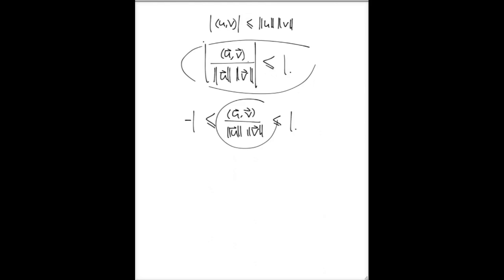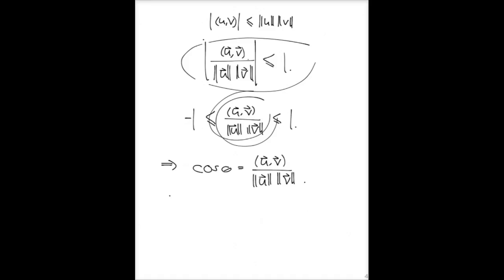What else is between -1 and 1? Cosine is between -1 and 1. So if this number is between -1 and 1, that means there exists some angle theta such that the cosine of theta is equal to this fraction, the inner product of U and V divided by the magnitude of U times the magnitude of V.